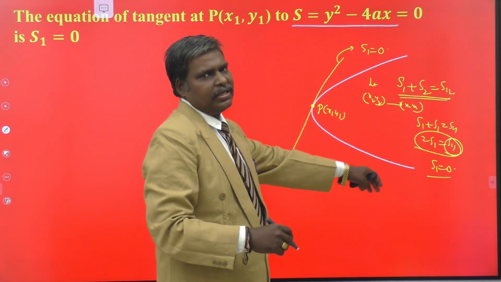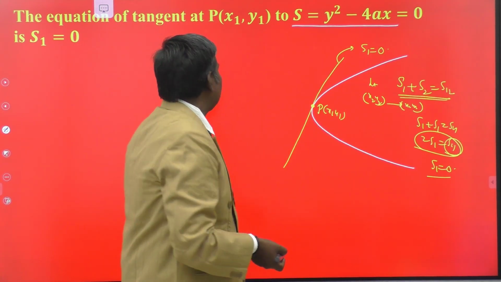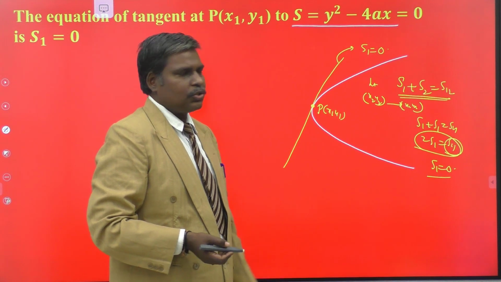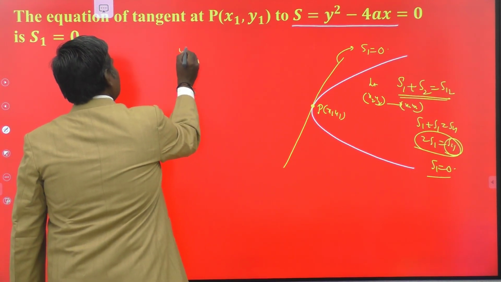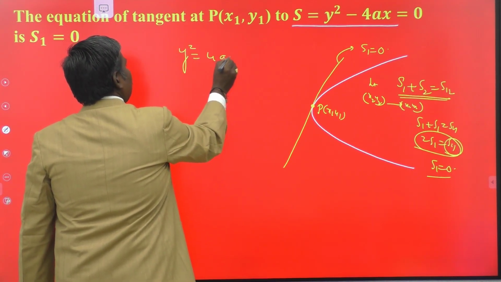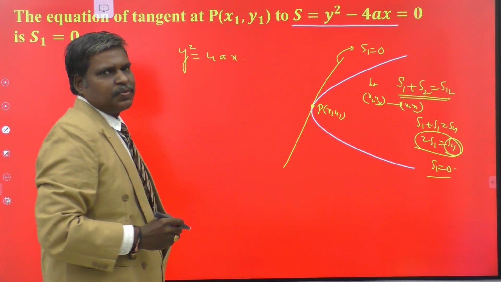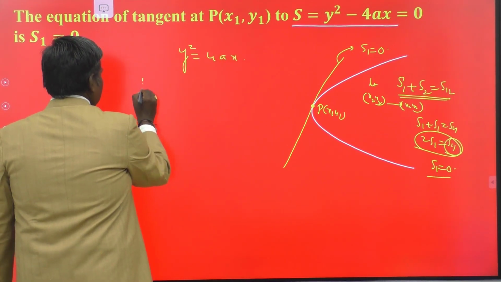So this is one method, the geometrical method. We can do this in the calculus method also. What is your curve? y² = 4ax. Differentiate with respect to x on both sides.